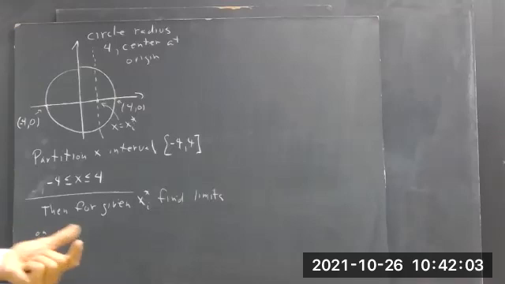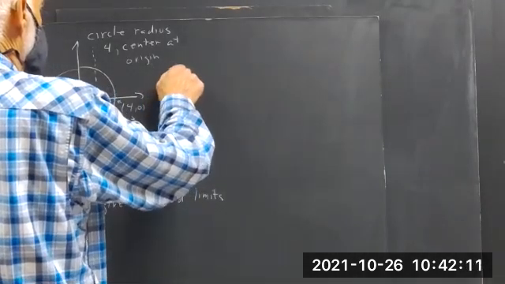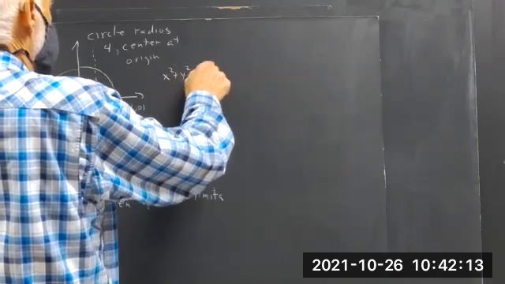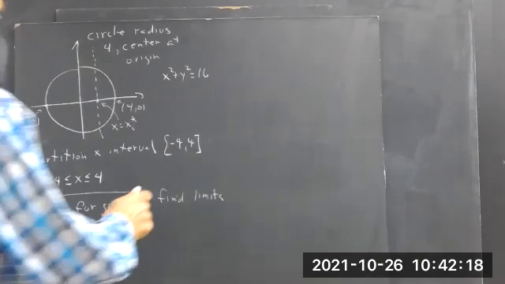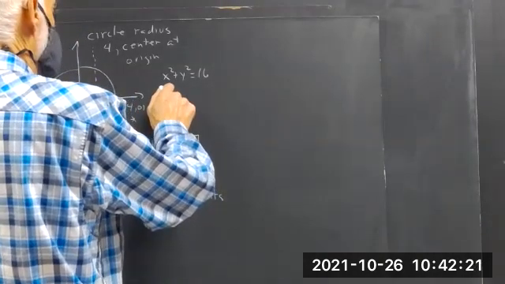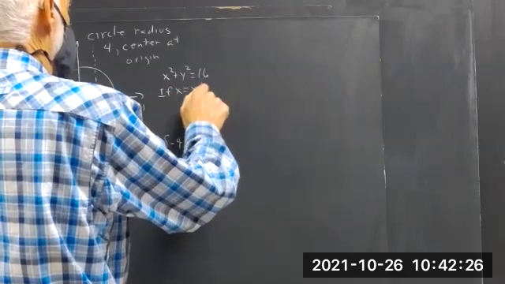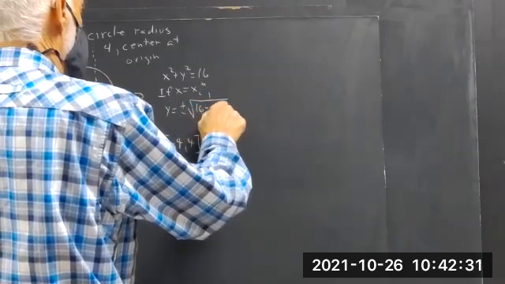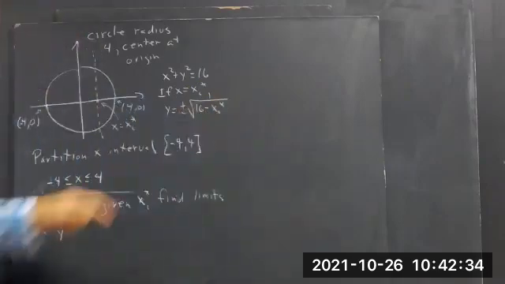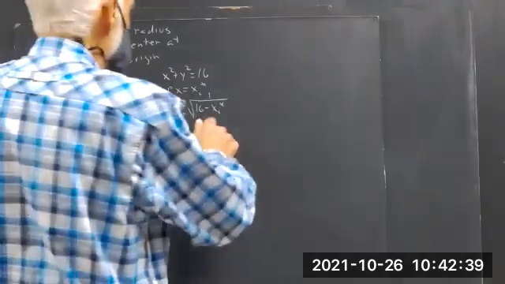Well, we know the equation for this circle. It's x squared plus y squared equals 16.